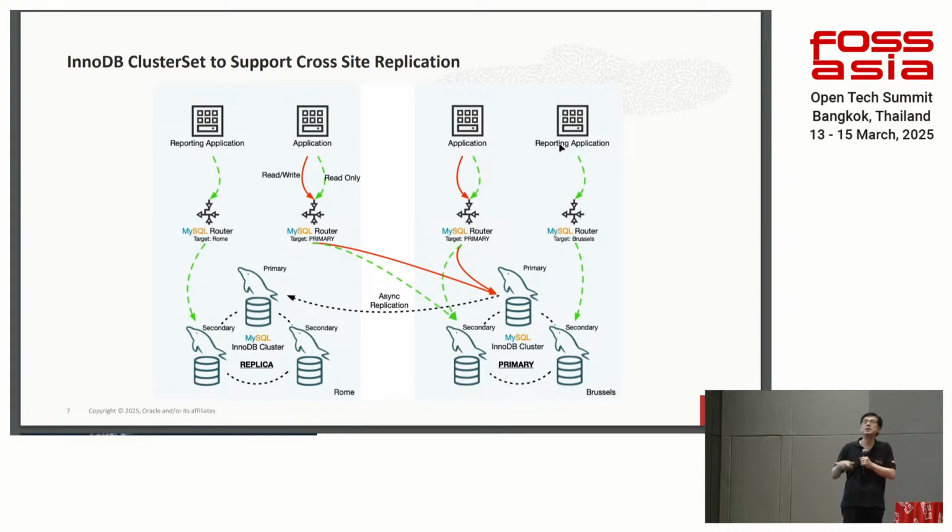And with this kind of failover, because it's sitting on top of group replication, the data will not be lost, because we can also set a consistency level.